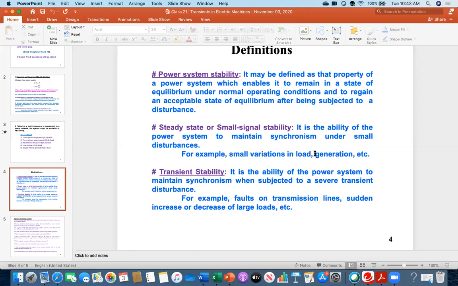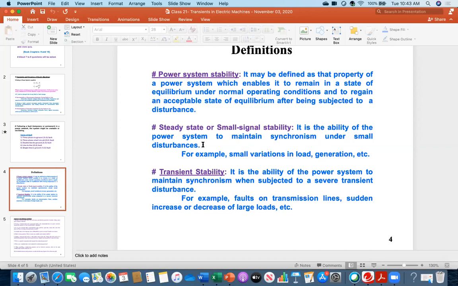Now, suppose you do something such that it goes beyond the allowed range. You made small variations in load at your home, and that caused frequency to go beyond plus or minus 3%, or voltage beyond plus or minus 10%.